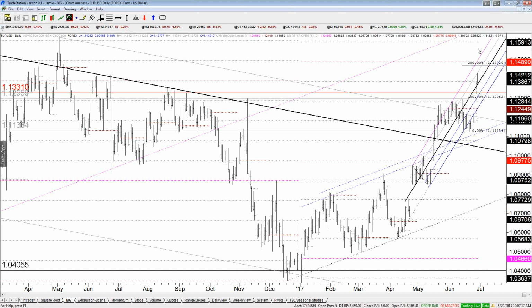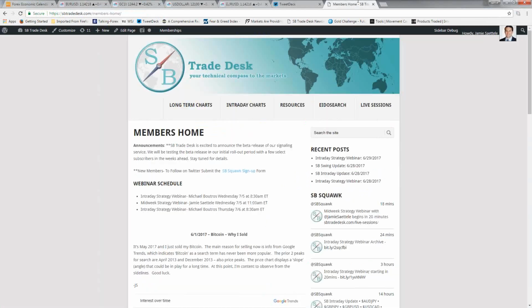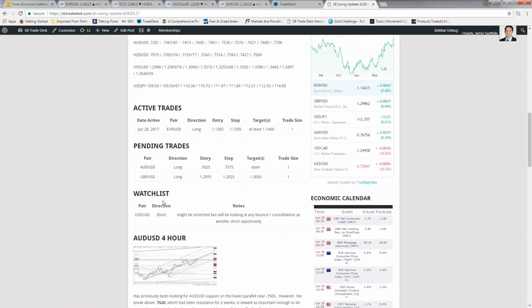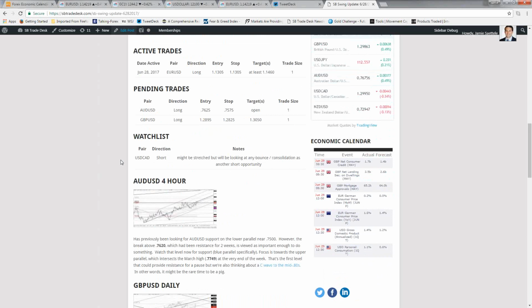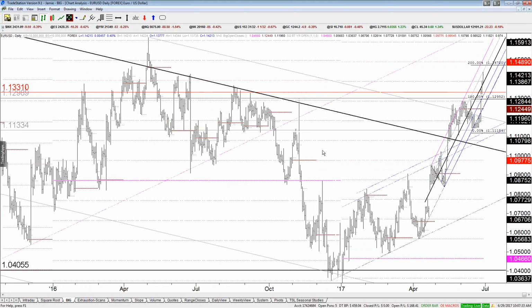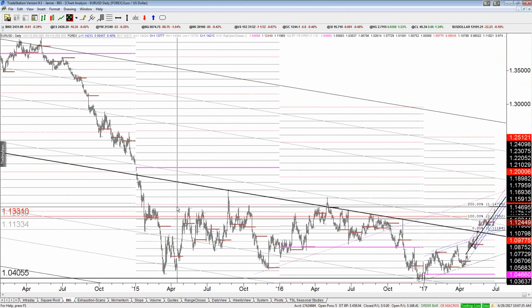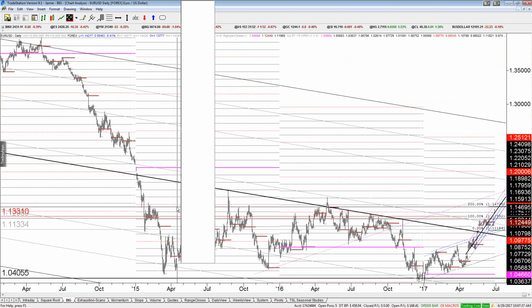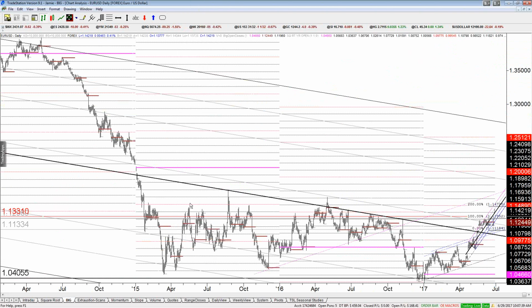And so you'll notice in the update right now, I've got a target for this long saying at least 114.60, right? And 114.60, simply, if you look across the chart, you can put a line up here at 114.60, and it's really been a big resistance area since May of 2015.